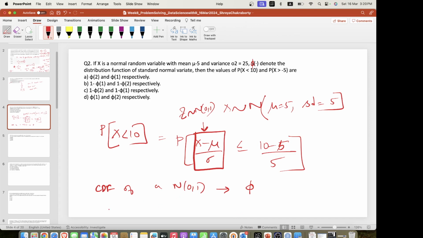So if I have probability z less than or equal to 2, I will write it as phi 2. So this will be probability z less than or equal to 1. So this is phi 1.